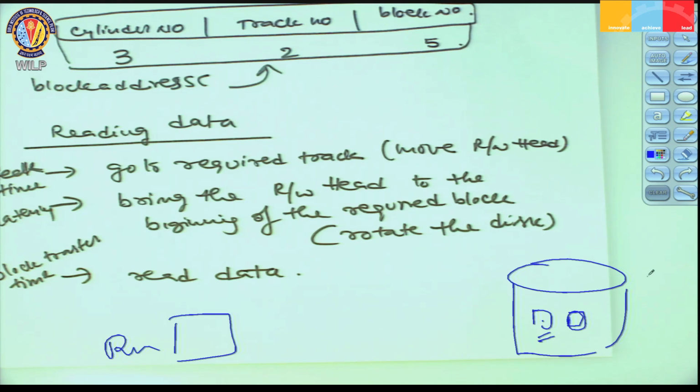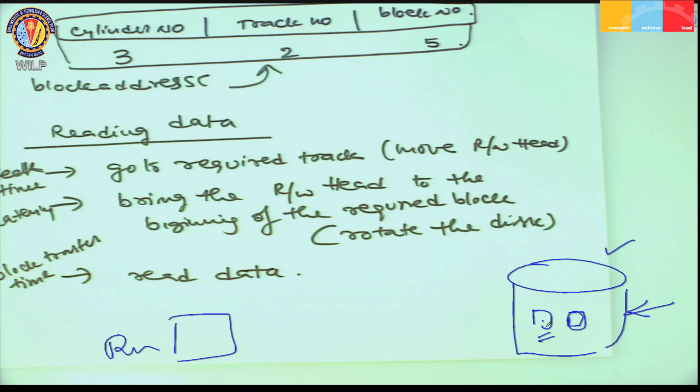Now actually this is a view that is given for the user. With this we are representing the hard disk using this representation. In fact, it is a disk pack which contains a central spindle and various disks, and each disk contains two surfaces.